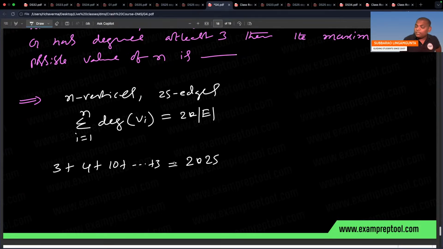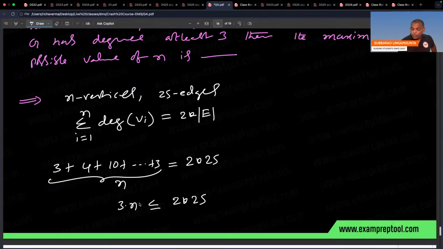But it is said at least 3, so maybe all of them are 3, we don't know. So there are n vertices like this. If I take 3 into n, it should be less than or equal to 2 into 25. Why is this value less than this?